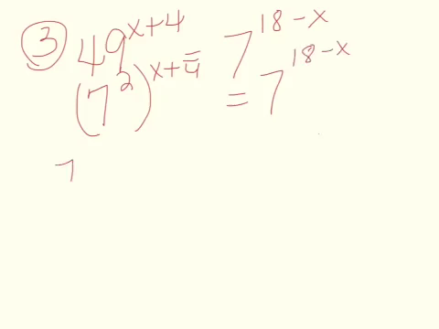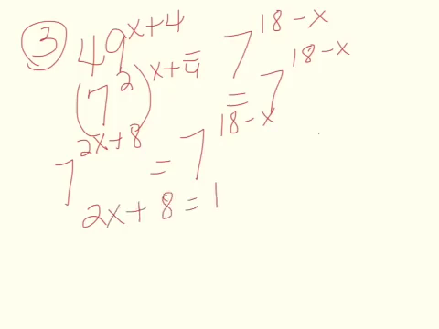And again, a power to a power we multiply. Then we set the powers equal to each other now because I have the same base. And I got x equals 10/3.